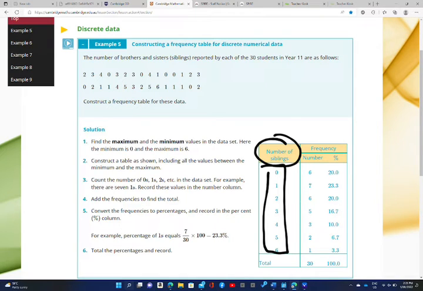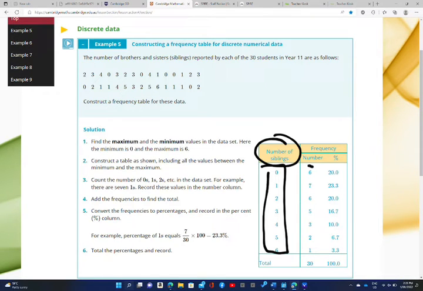So watch out for any constraints that they give you as far as numbers. Here they say the minimum value is 0. If you look at your data, the minimum value is 0, the maximum value is 6. So we only need the numbers 0 through 6. If it went 0 through 10, we'd have to include more. So just always find the smallest value and the largest value first so you'll know how many digits are available to you. All right.